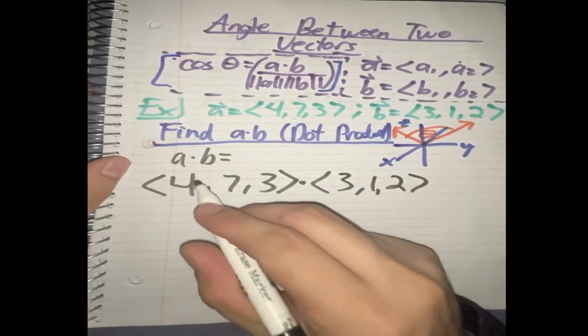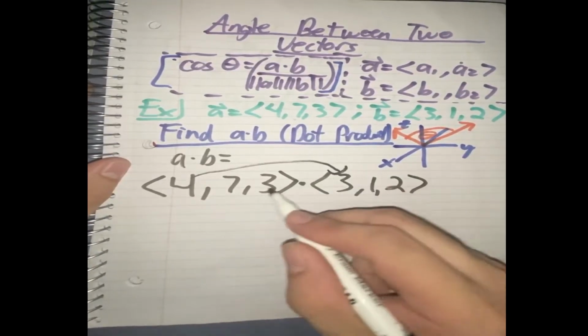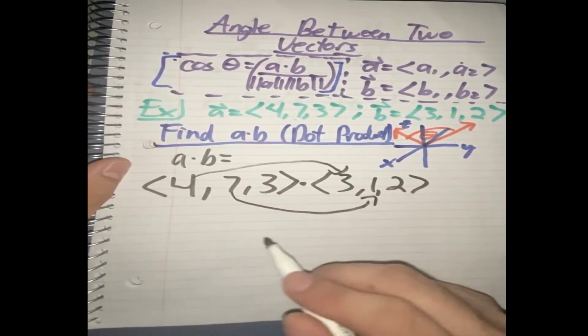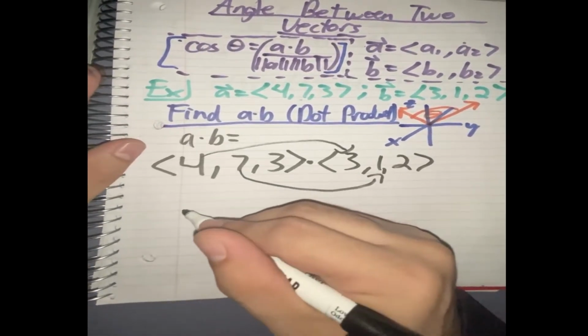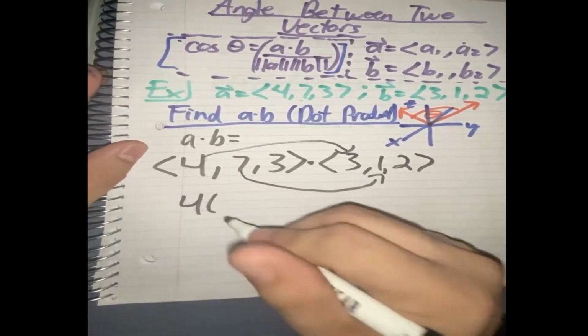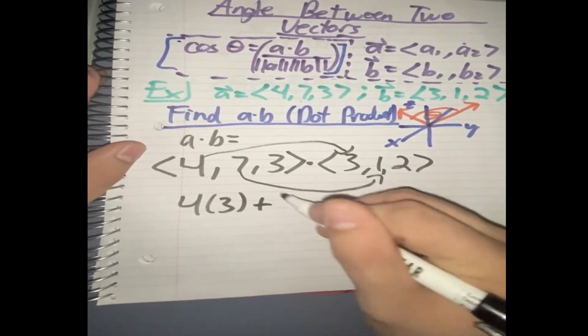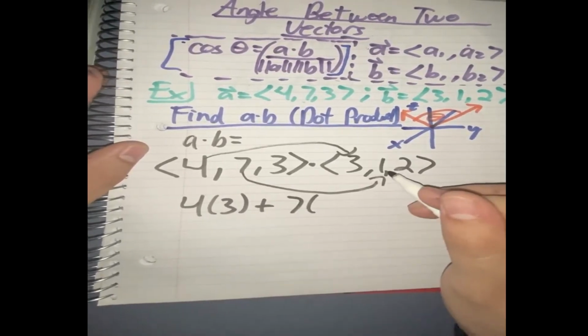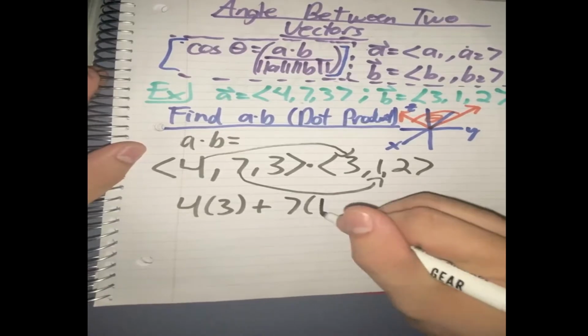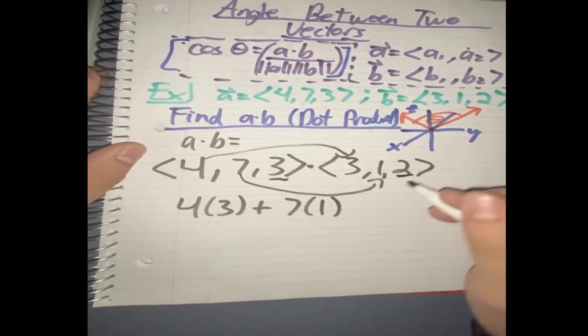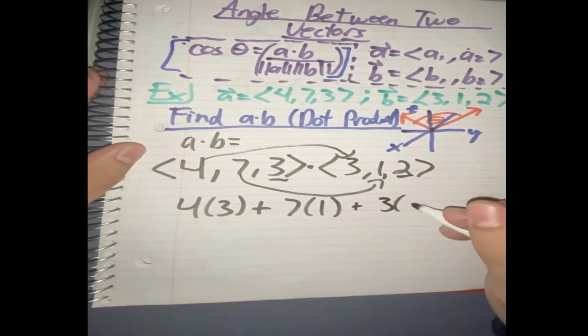Whenever we dot these, we just take each component, multiply it, and then add it. So 4 times 3 plus 7 times 1, because it's a y component. And then we take the last components, plus 3 times 2.